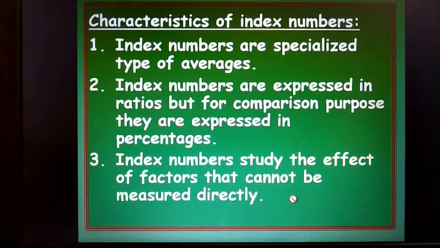By on-site observation, the changes that have taken place will not be properly observed. The effect of factors that cannot be measured directly can be observed or studied using index numbers.